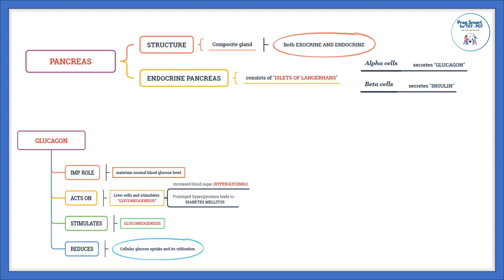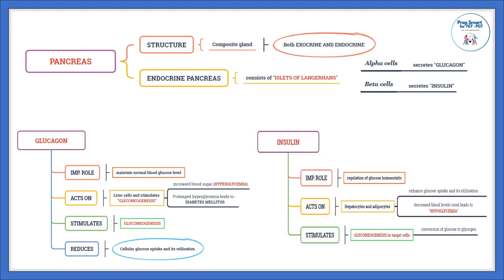So next, the beta cells secrete insulin. Insulin has an important role in regulation of glucose homeostasis, that is balance of glucose. It acts on hepatocytes, that is liver cells, and adipocytes, cells of adipose tissues, and it enhances cellular glucose uptake and its utilization, which is basically reduced by glucagon.